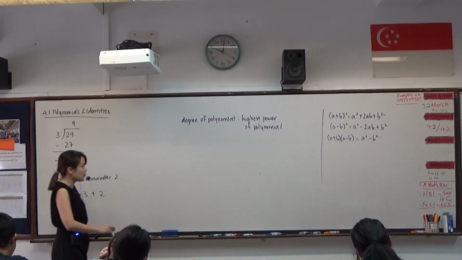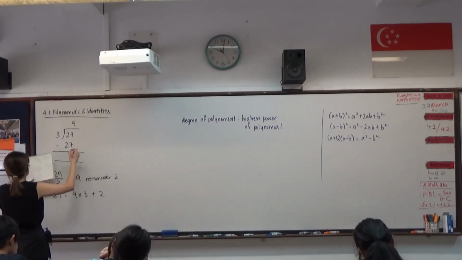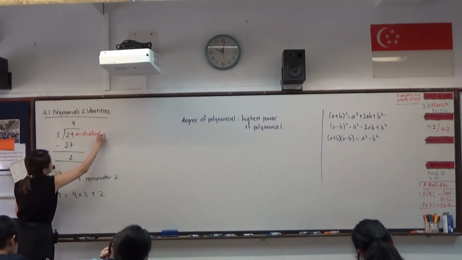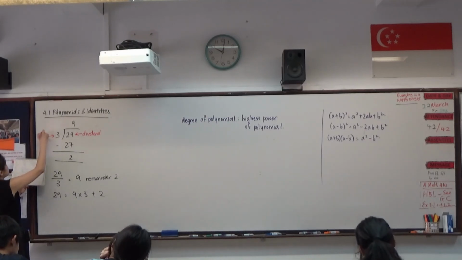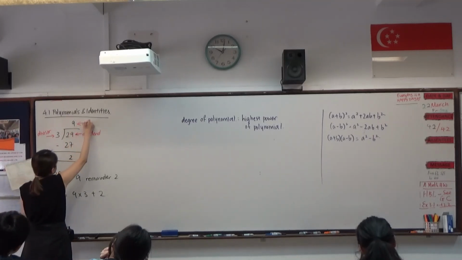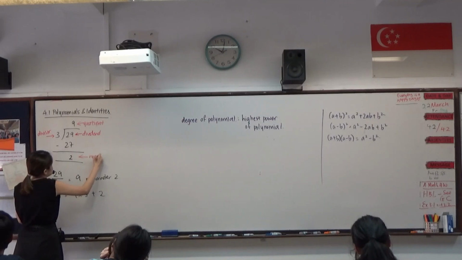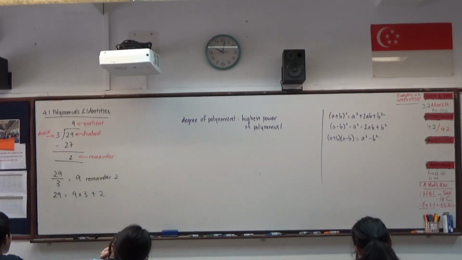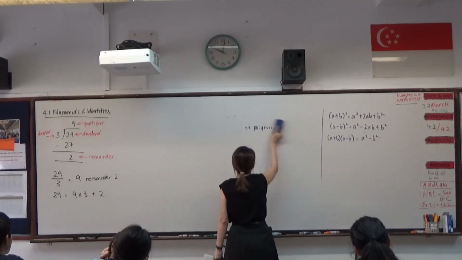So the components found inside this long division are such that this is what we call the dividend, the thing that gets divided. This is your divisor. This is your quotient. And over here is your remainder. These are some important terms that you may encounter as you solve a problem.